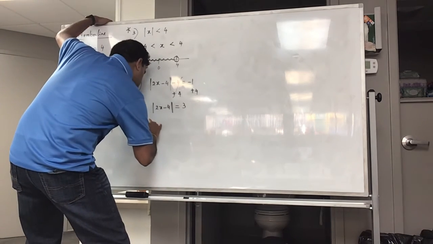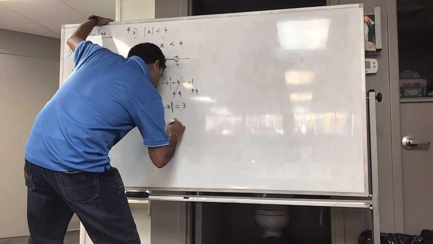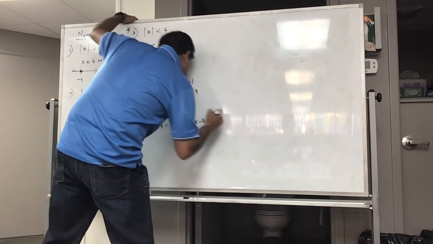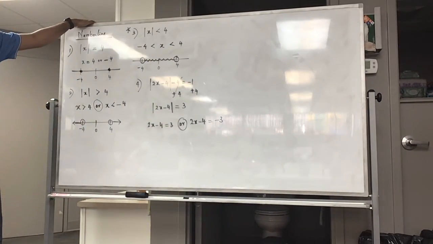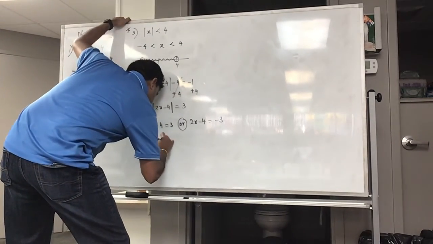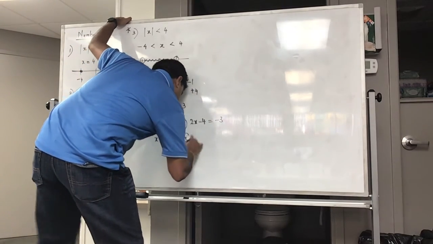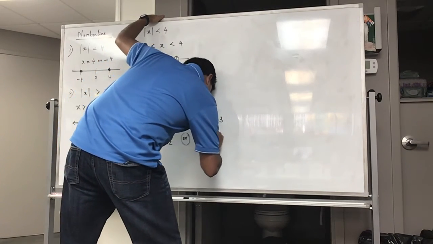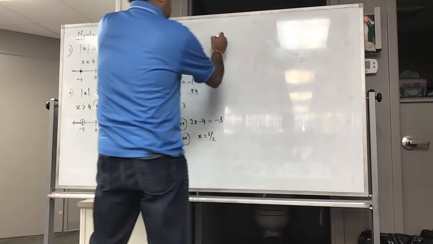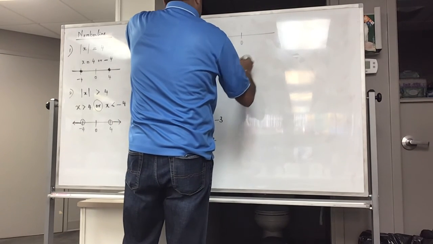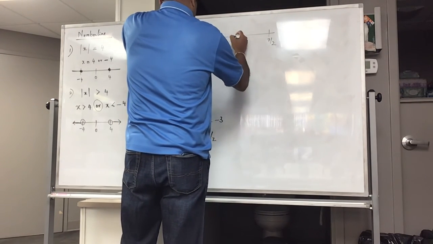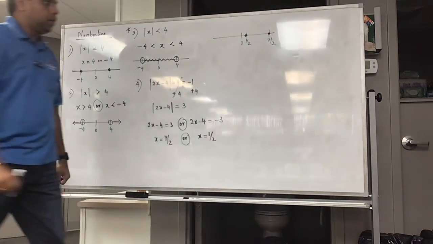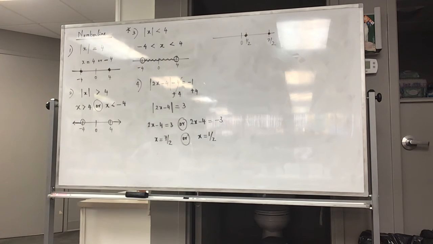So 2x minus 4 is equal to 3, or 2x minus 4 is equal to negative 3 when we break the absolute sign. Make sense?